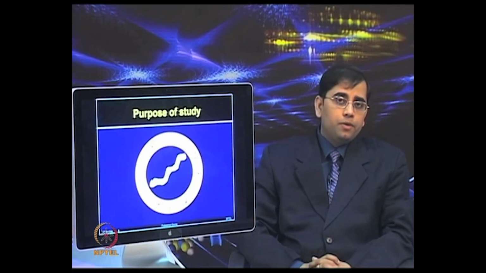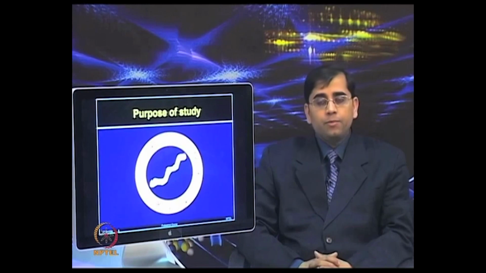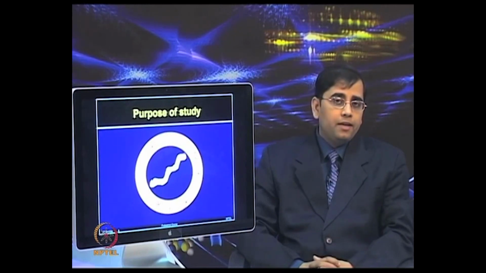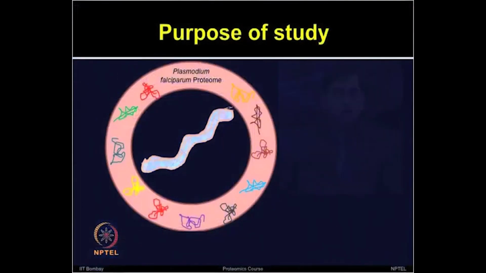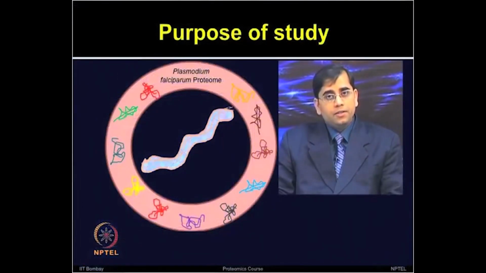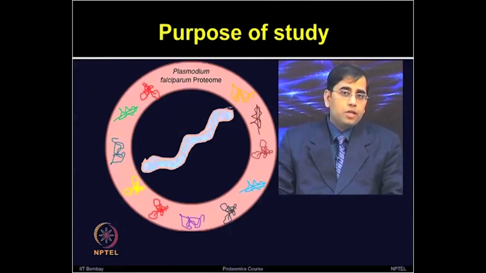The authors tried to look for the alterations in the parasite proteome which were induced by each of these drugs. To obtain insight into the proteomic alteration, they separated the proteins on two-dimensional electrophoresis gels and compared the response of these proteomic alterations based on the two drugs, and then they identified certain proteins which were either commonly expressed due to these drugs or differentially expressed due to these drugs.